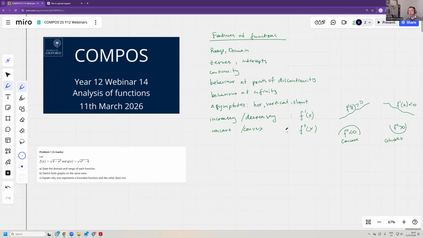Yeah, and once you've looked at some of these features, you don't have to look at all of them. You choose some of them. And once you've chosen enough features to understand the overall behavior of the function, then you can sketch it. And it is some form of art, I think, honestly.